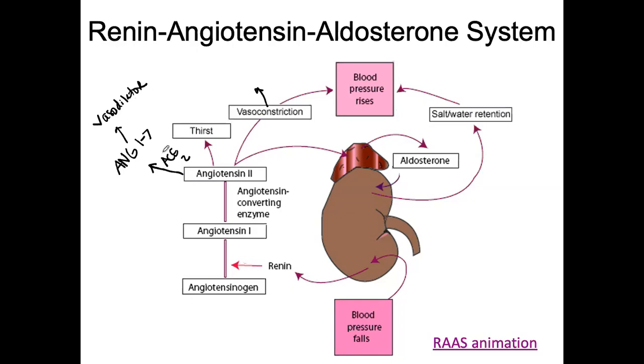Now, ACE2 is on the surface of, again, those epithelial cells in the lung lining, and this is the target of the coronavirus. So the spikes of the coronavirus actually bind to this ACE2 enzyme, and because this enzyme is on the surface of those cells, they form vesicles.